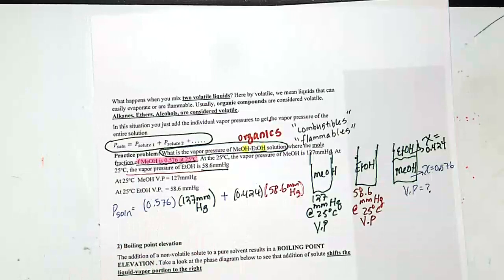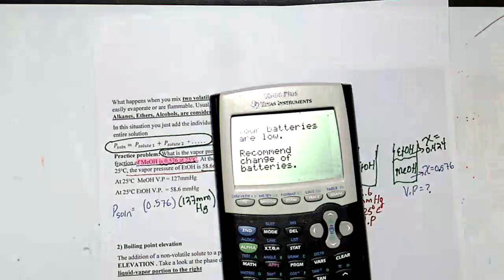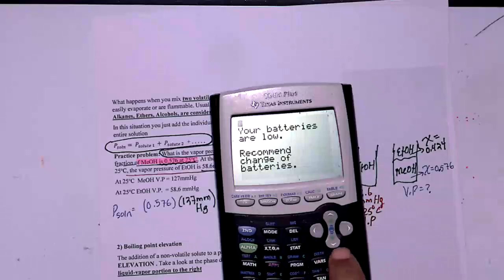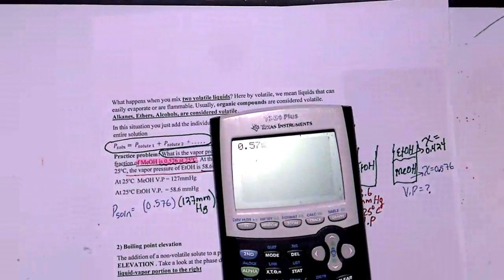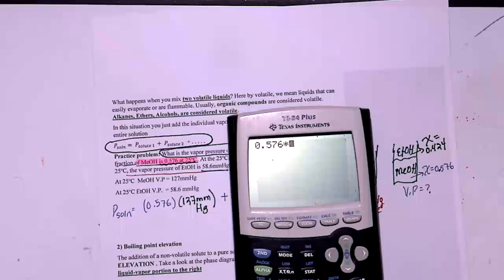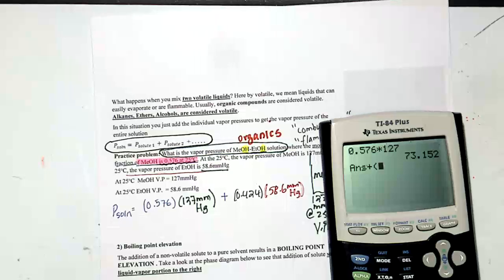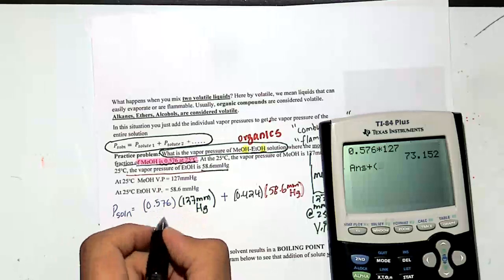All right, so 0.576 times 127, what is that on our calculator? Plus, so that's 73.15.